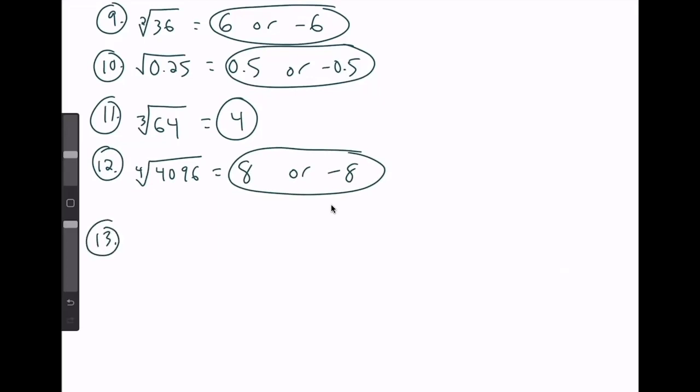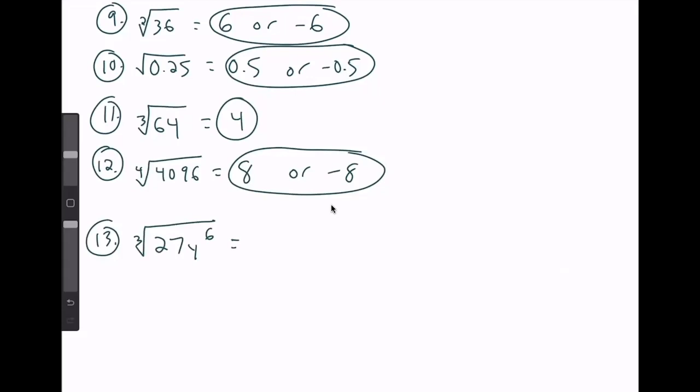Number 13 says, I want to find the cube root of 27y to the 6th power. Okay, so the cube root of 27y to the 6th. Now we're starting to include variables in here, right?